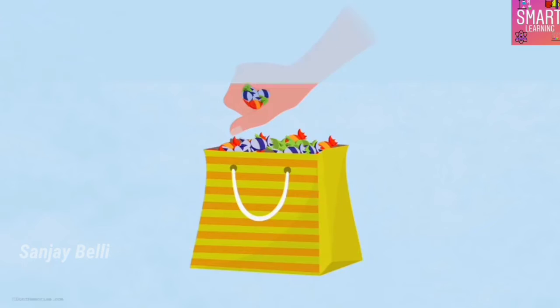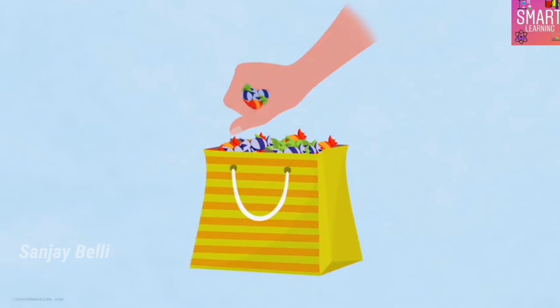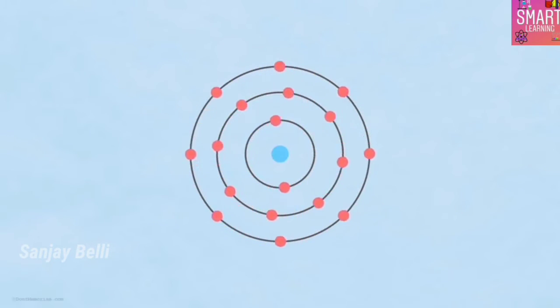Now, what do chocolates have to do with electronic configuration and valency? Let's understand the relation. As a point of human tendency, we will try and grab the maximum number of chocolates using our hands. Similarly, the atoms would want to have the maximum number of electrons their shell can accommodate.